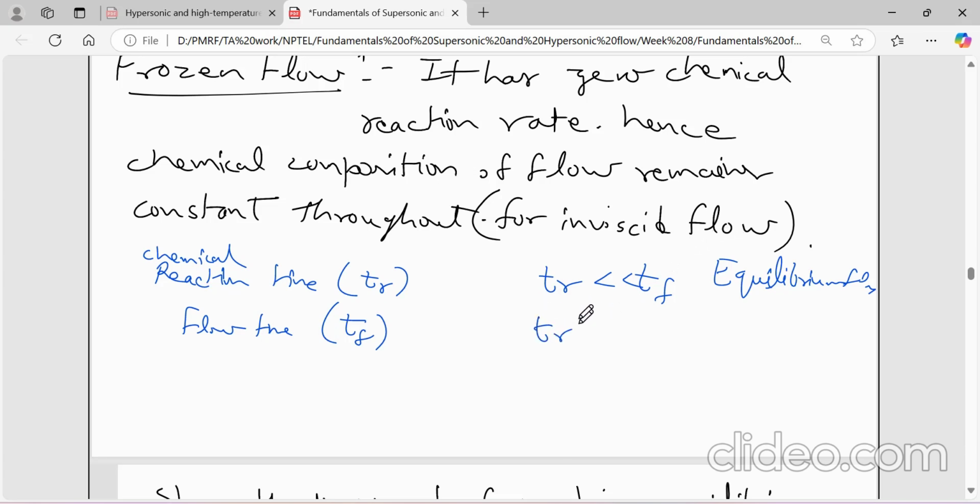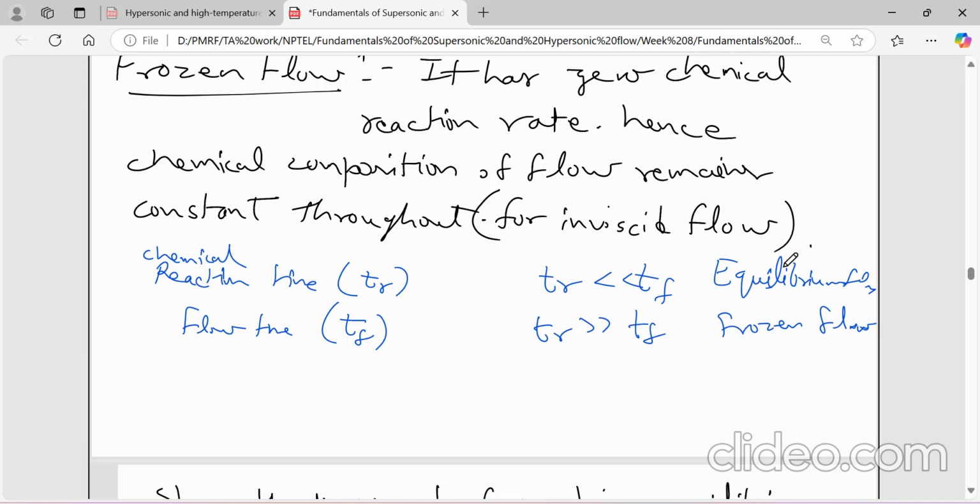And if reaction time is much greater than flow time, then the flow is called frozen. Flow is taken as frozen because the reaction has not happened fully, while our flow has completed. So why does it take time for a reaction to happen? Because generally reaction happens due to the collision of particles. Only when collision happens is there a possibility of chemical reaction.